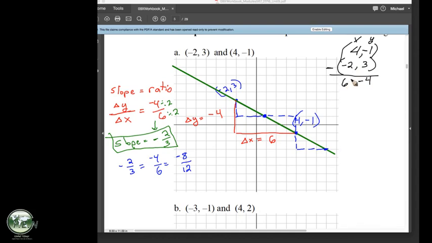And since this is the x and that's the y, I take the x, tuck it under the y, and look, I got my slope. It's -4/6. I reduce it, dividing both by 2, so -4 divided by 2 is -2, and 6 divided by 2 is 3. I get the same slope.